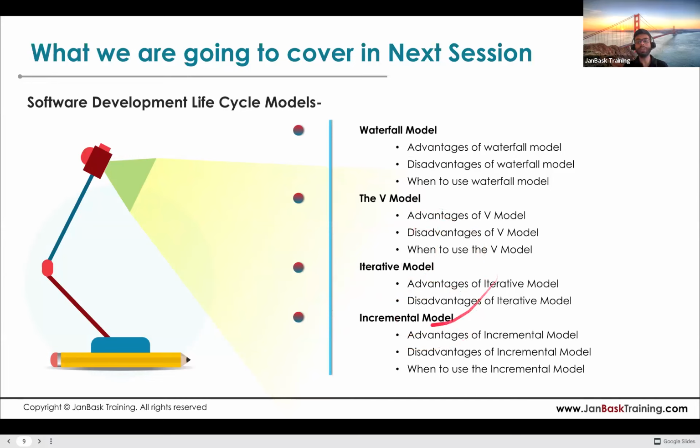We'll talk about these different models in the next class. But before going to the next class, I would request you to go through today's class again, so that the basics are clear to you. Because if you are not clear about the verification and validation, you won't be able to understand the V model, right? If you are not clear about the software development lifecycle and software test lifecycle, you won't be able to understand the waterfall model or iterative model or incremental model.